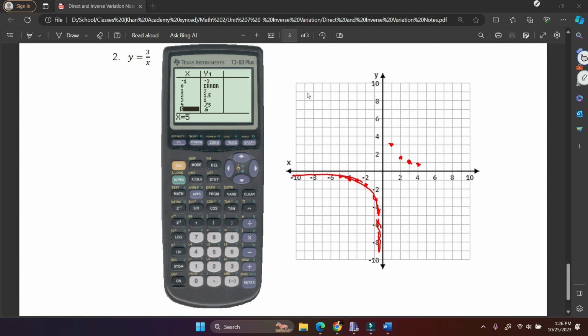And then finally, I have a point at 5, 0.6, so I'm going to go right 5 units and up about 6/10 of a unit, which is about halfway. So somewhere about right in there. And then I'm going to try to connect these the best that I can with a smooth curve, to get a rough graph of my inverse variation equation.